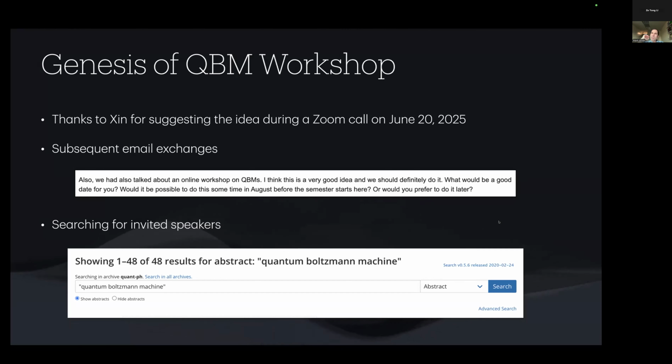I started my PhD in the mid 2000s, and by that time there were many hundreds, if not thousands, of papers in quantum computing. And so for me, it's remarkable to see that there is a subfield of quantum computing and machine learning where there's only 48 papers. I don't know if you could print all these out and put them on your desk, but you could attempt to read several of the important ones and study them.